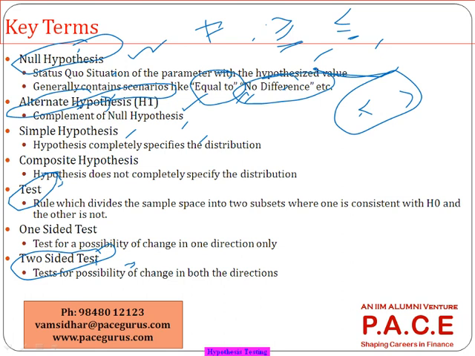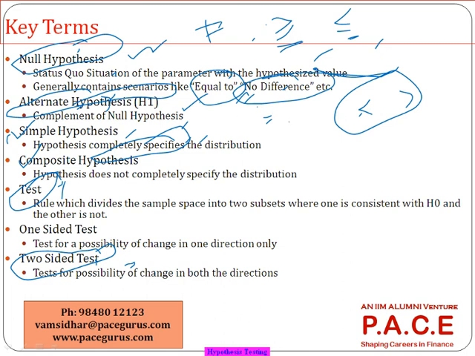Now, there are two other words that are better to understand. If the hypothesis completely specifies the distribution, what do we mean by that? If there is a defined value like equality as a part of our hypothesis, we call it simple.